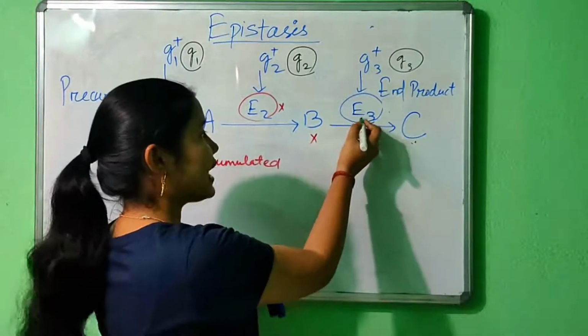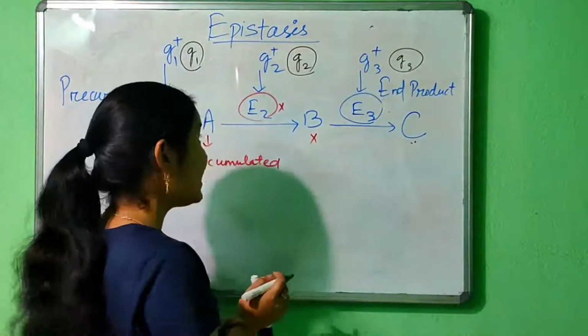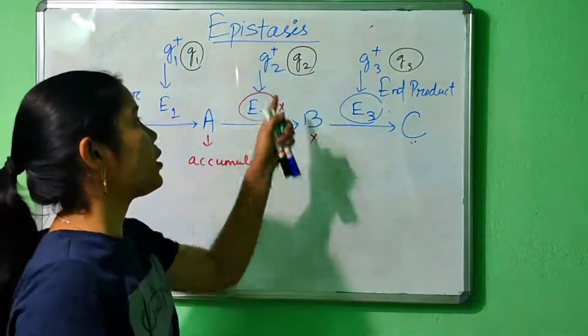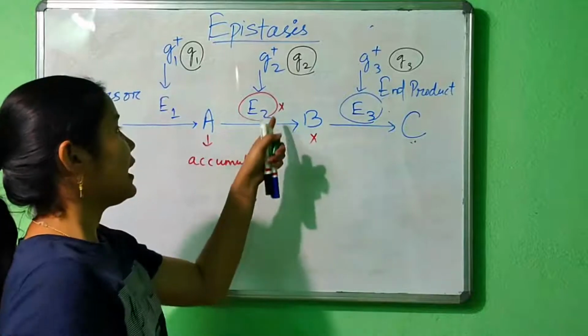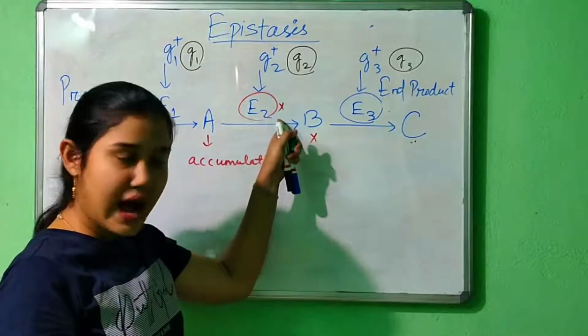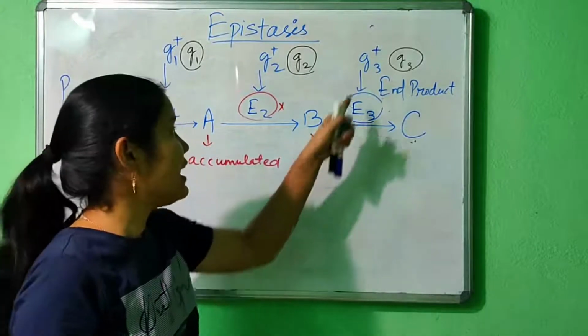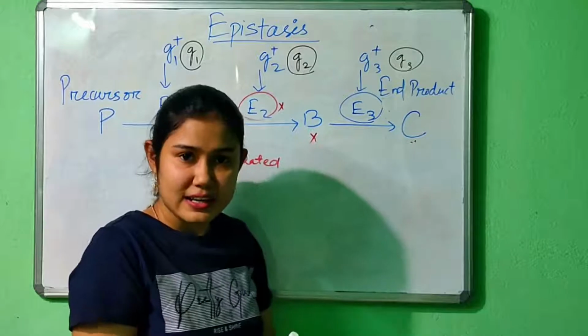So it has the ability to convert B into C, but as G2 plus is not working properly, it is in homozygous recessive condition, E2 is not being produced, as a result B is not produced, and this has no effect.